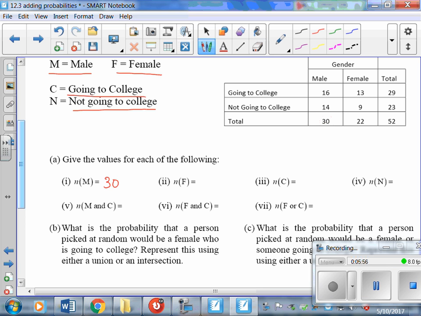All right, so then they go, the number of females right next to it is 22. The number of people going to college, male and female, 29. And the number that are not going to college is 23. Now, take a moment and just see where those numbers came from.